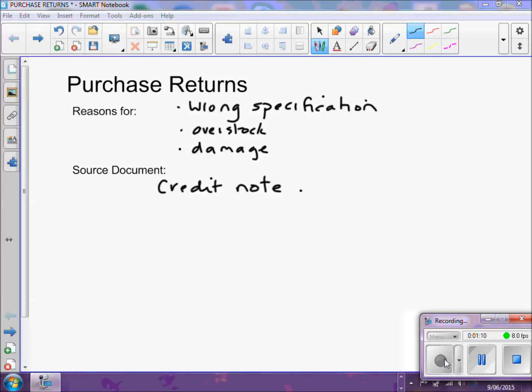Why do we need to have a credit note? Tell me a quality characteristic. Beautiful. Yes, and when I return items, at what price do I return them?